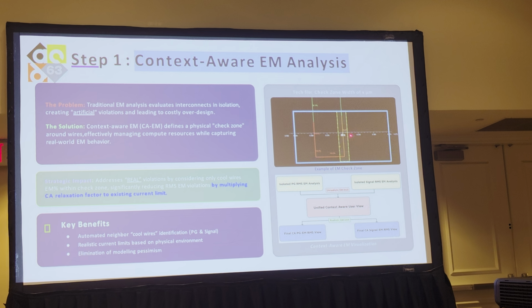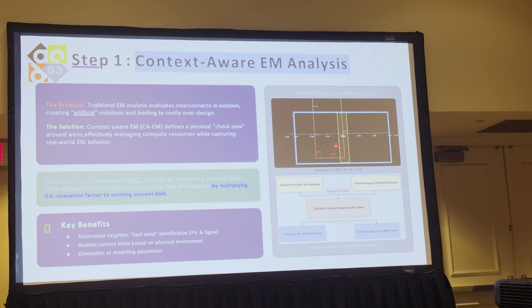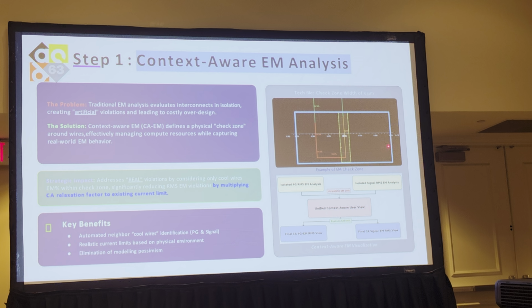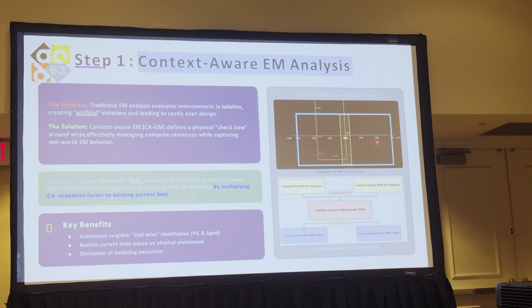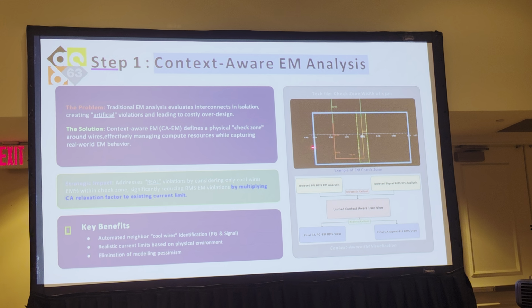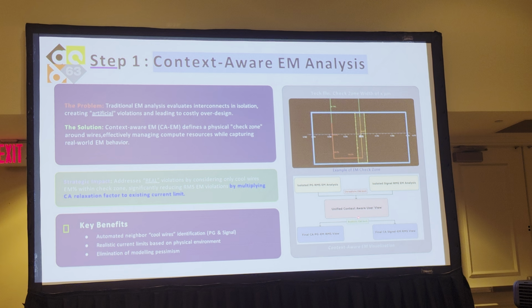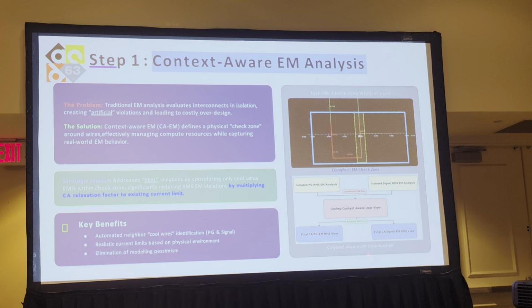So what the tool does is, based on the EM percentage of the neighboring wires, like if there are cooled wires nearby, it considers, because it acts as a heat sink for this aggressor, it considers that impact and derives a relaxation factor from the tech file and multiplies that relaxation factor to the EM limit. So as the EM limit increases, the EM percentage decreases, which is a realistic scenario. So post this context aware, we'll have the realistic EM analysis and it returns the EM percentage for both PG and signal.